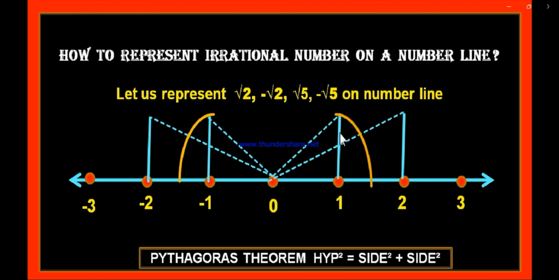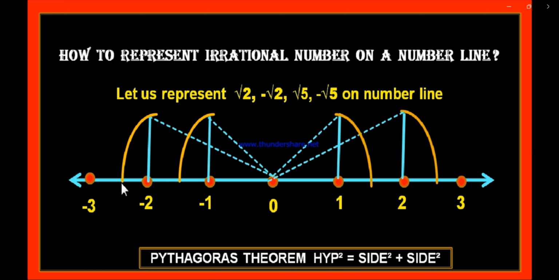Now, take the compass and keep the pointer of the compass at 0 and stretch the compass up to this point and draw an arc like this. Draw an arc passing through this point so that it meets the number line at a particular point. On the other side also, you keep the pointer of the compass at 0 and draw an arc which passes through this point and may cut the negative side of the number line at a particular point.